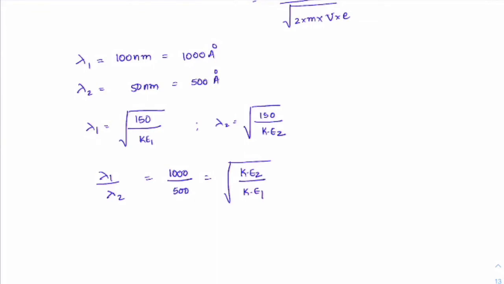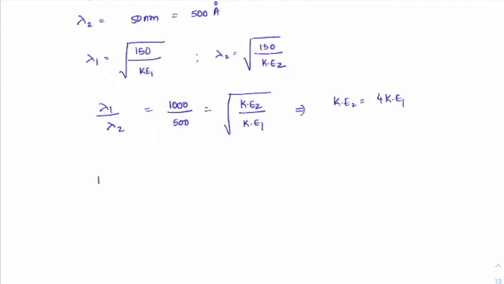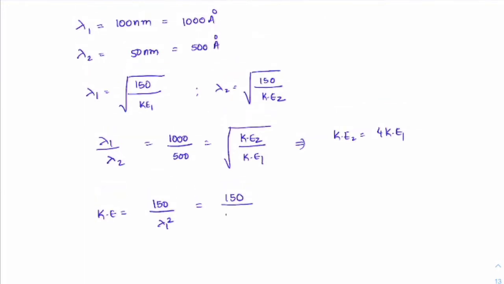So I will get a relation between these two: kinetic energy 2 will be equal to 4 times kinetic energy 1. So we can find out kinetic energy 1 from here, which is 150 by lambda 1 squared. That would be equal to 150 by (1000 Angstroms) squared.